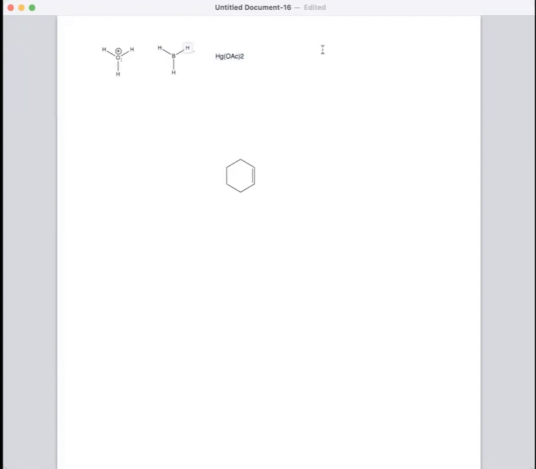Another reagent we learned in class was bromine. We know that bromine adds to double bonds very quickly. Remember I said this bond in between the 2 bromines, the sigma bond, is weak because of the repulsion of the lone pairs of each bromine atom. We know now addition of bromine to a double bond is a classic reaction, bromonium bridge formation.